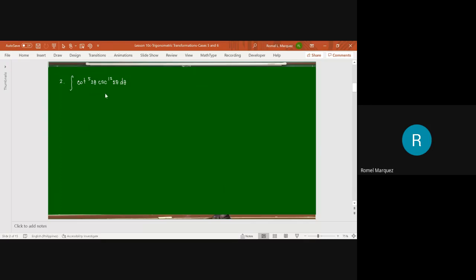Actually, if you're going to examine the exponent, this integral takes the form of case 4 or case 5. Am I correct, guys? If you consider it case 4, that is because of the exponent of cosecant that is even. If you consider it case 5, because of the exponent of cotangent that is odd. Is that clear, guys?